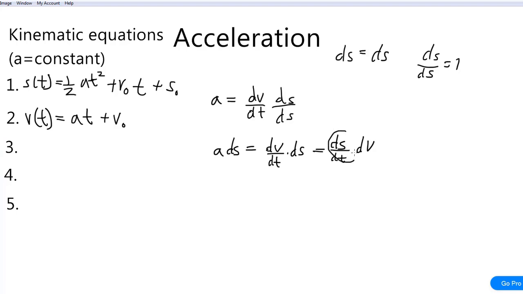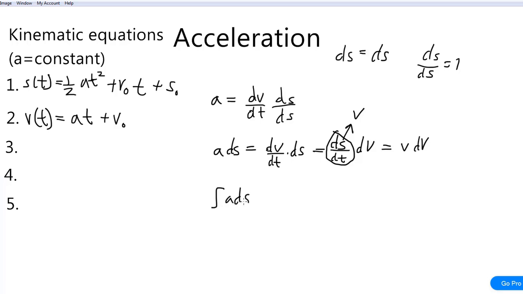This is literally just v, ds over dt. The derivative of position with respect to time is velocity. So now that's really just v dv. I know this is not really formal, but it works.